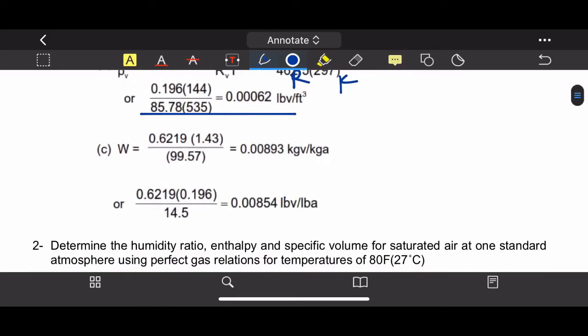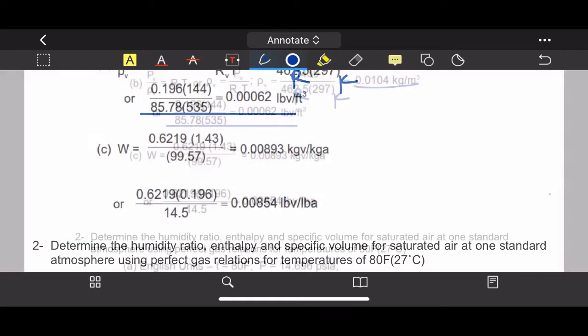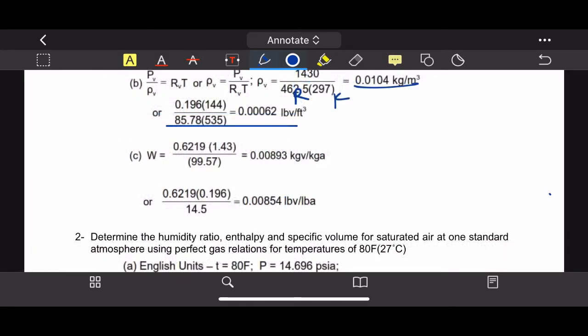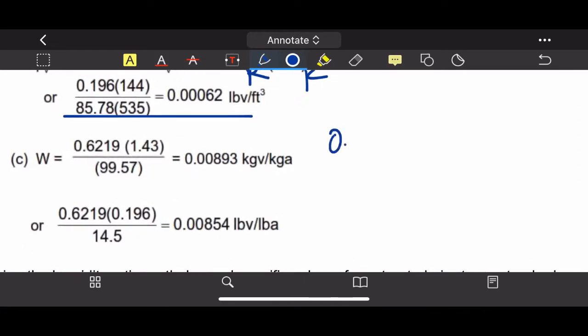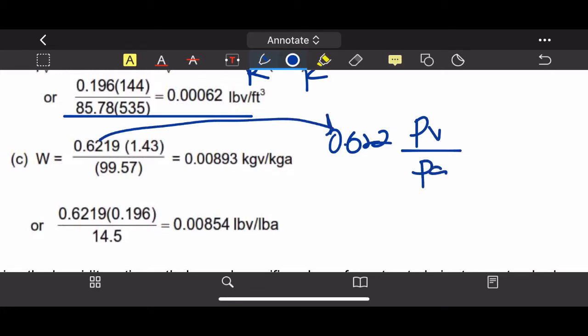Number 2, you need to find the relative humidity. It is given in your notes. Let me check my notes first. It is given by W = 0.622 PV over PA. But you can also use this, it depends, I'll give the equation later.